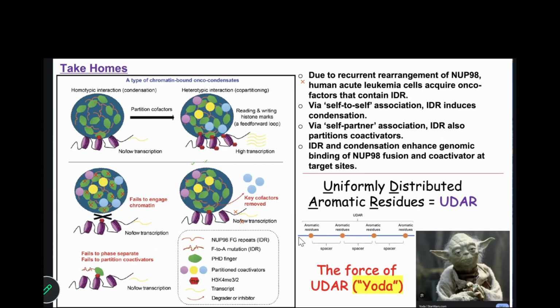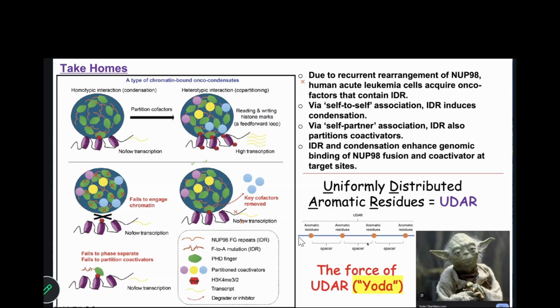So, coming back, I have 2 minutes. Take home again: what happened in this fusion oncoprotein is that the genetic mutation generated a fusion which contains a low complexity region, in this case the FG repeats, as I mentioned. This cartoon stands for the aromatic residues distributed in this region.